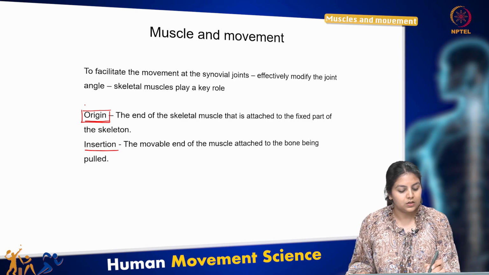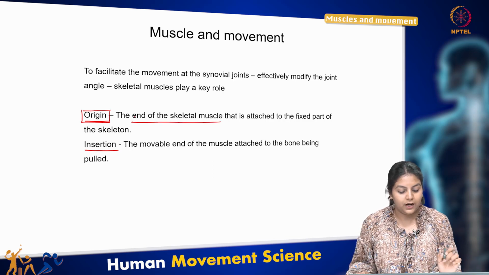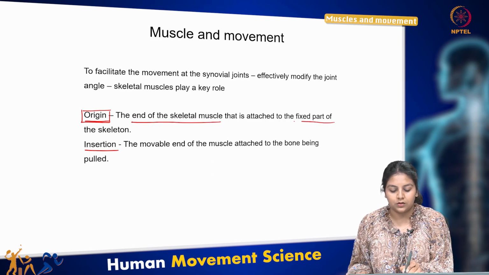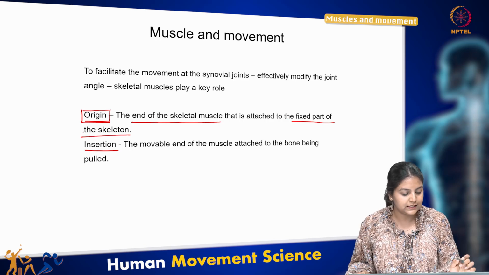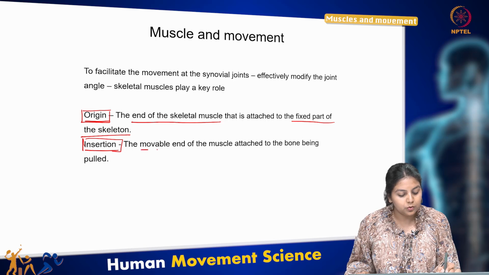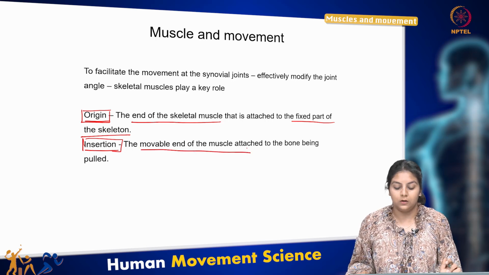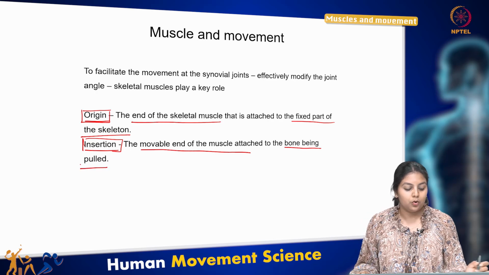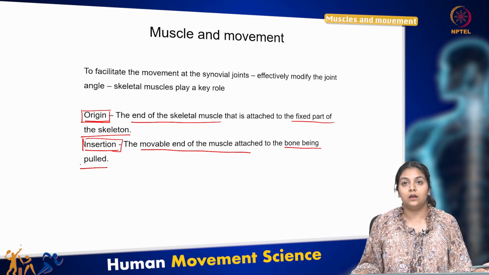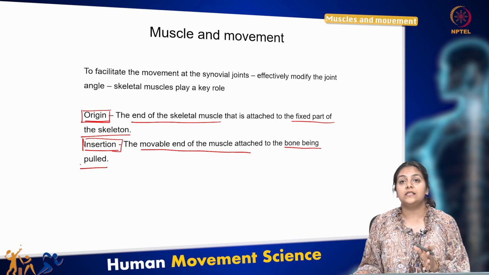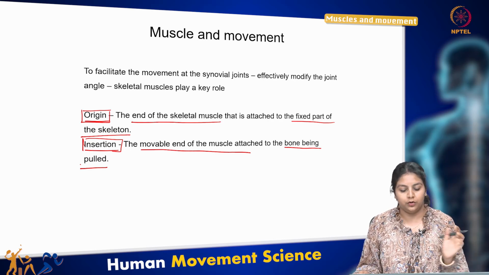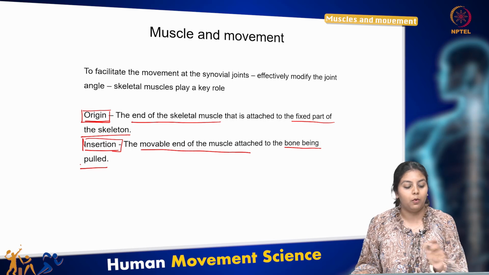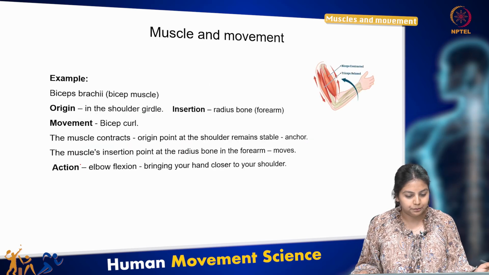Insertion, on the other hand, is the movable end of the muscle, which is attached to the bone that's being pulled. Origin and insertion are key concepts to understand how exactly a muscle pulls onto the bone to cause a change in the joint angle.